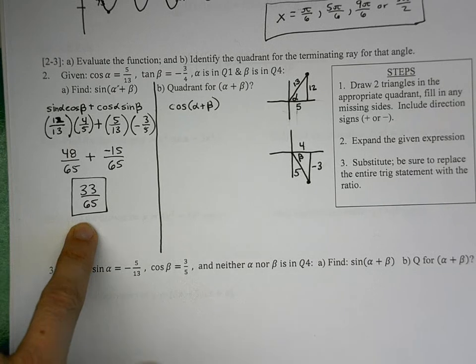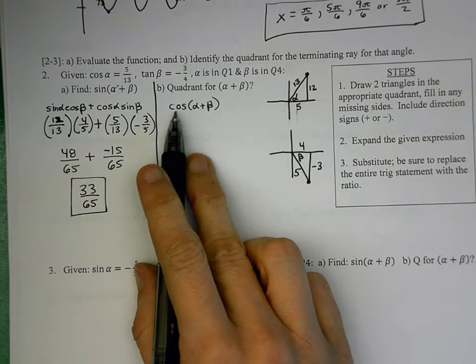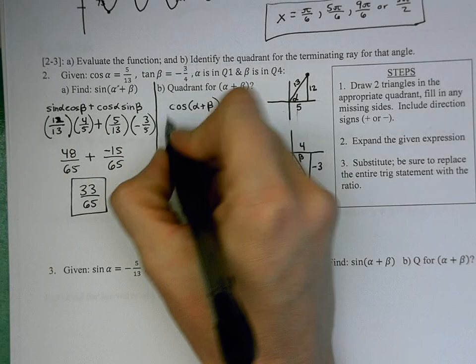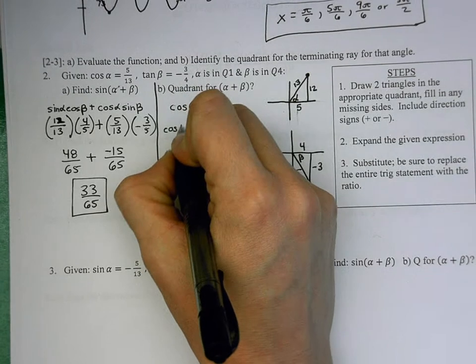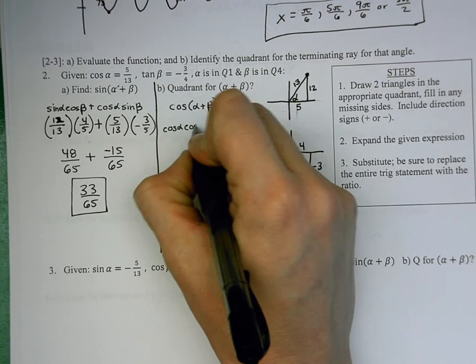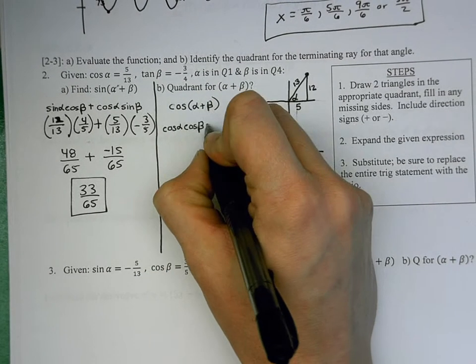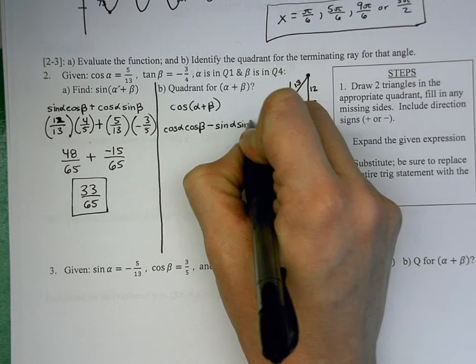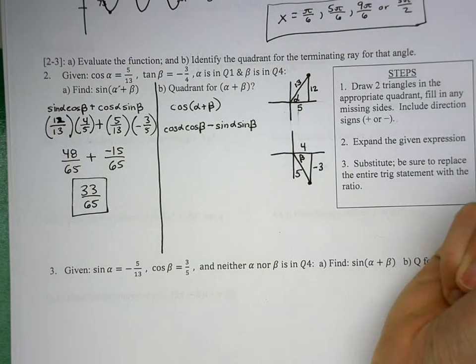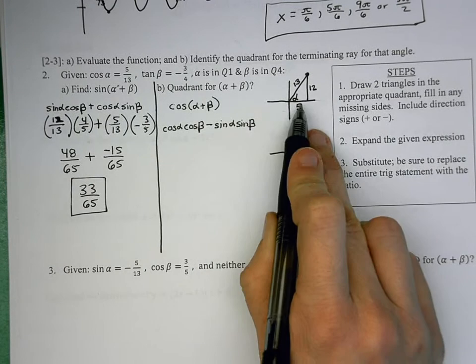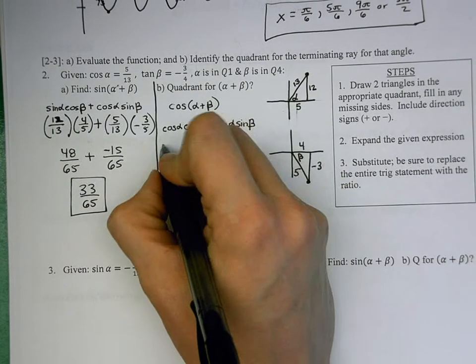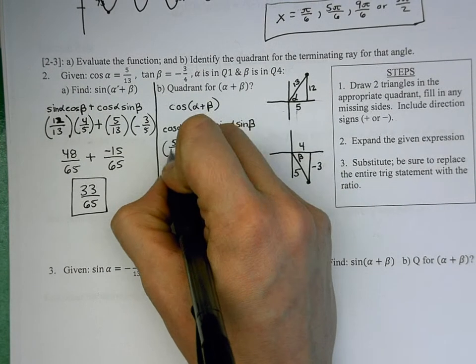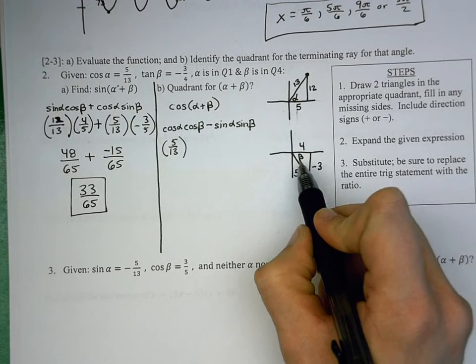Okay? So let's go ahead and do this. So we've got cosine alpha plus beta, which is cosine first angle, cosine second angle, cosine changes, so this would be minus sine first angle, sine second angle. Plugging in cosine alpha, here we're at 5/13. Cosine beta, 4/5.